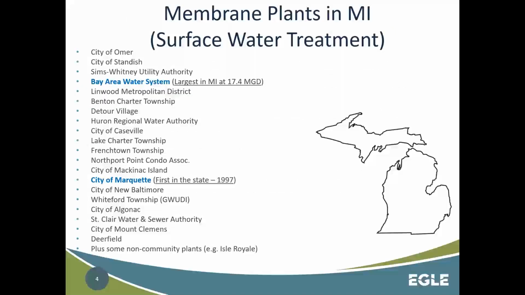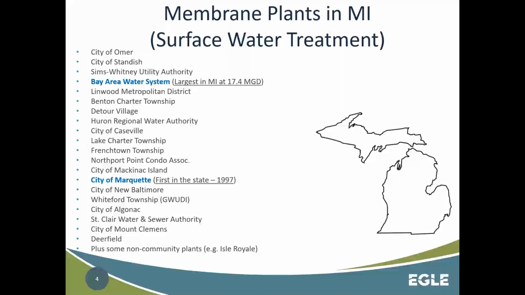All right, so just a little bit of background in Michigan. Here's just a list of the different communities that use membrane filtration. We also have a number of non-community systems that have them as well. I think all of those are located in the UP.